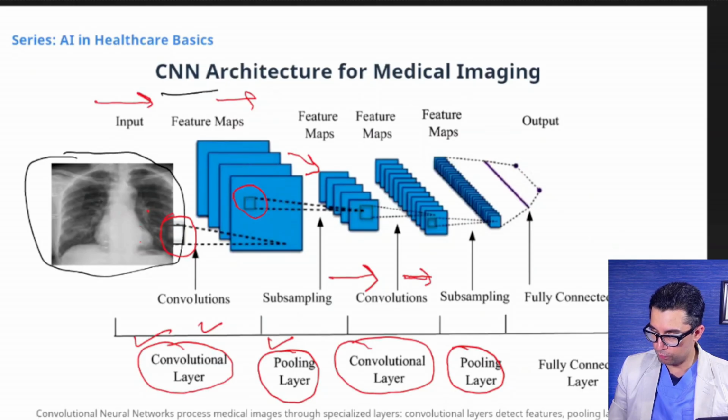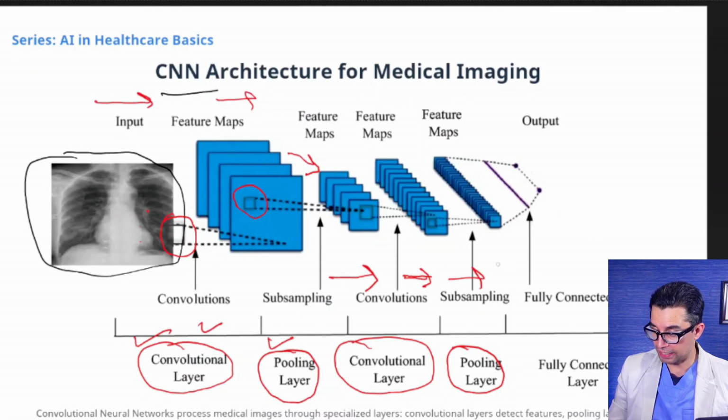This happens multiple times, with each layer learning increasingly complex medical patterns. Now, if you have fewer layers, then you will have less complex detections. If you have many layers, you will be able to pick out more complex medical patterns.